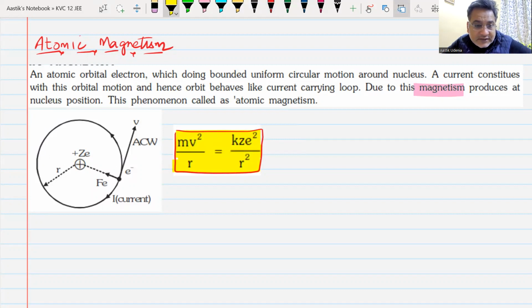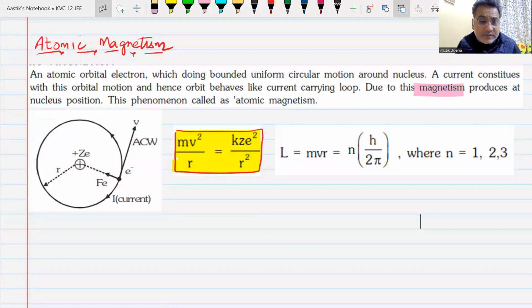We understand this? Yes, sir. Okay. We are doing a bit of atomic structure here also, which is a part of your modern physics. That's why I'm taking it also.